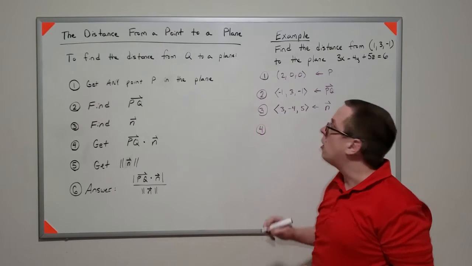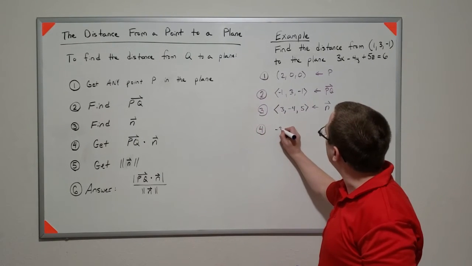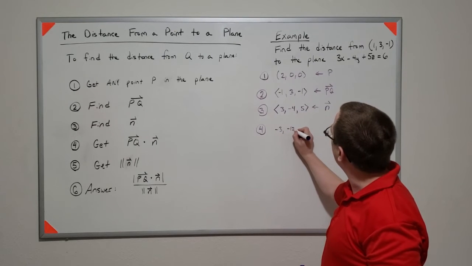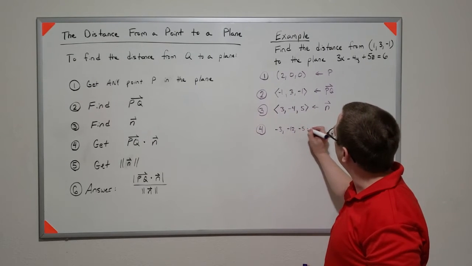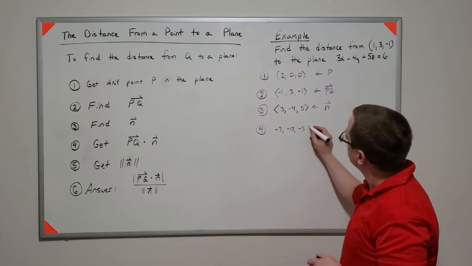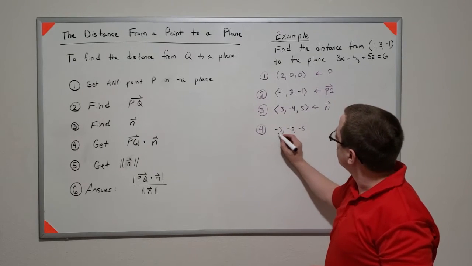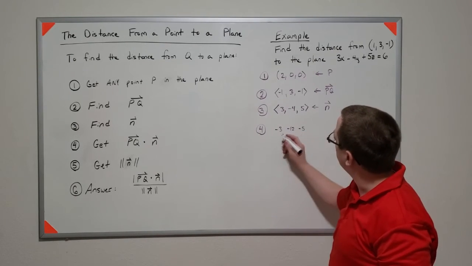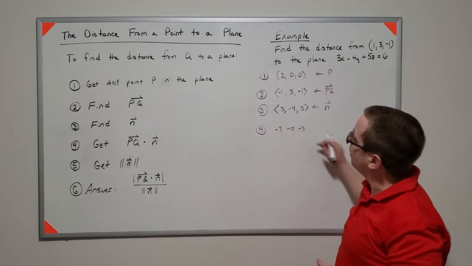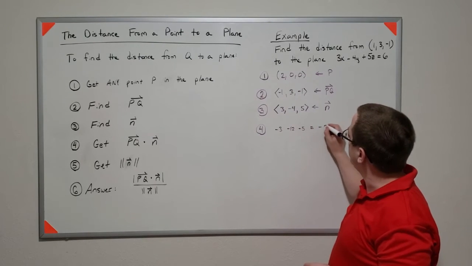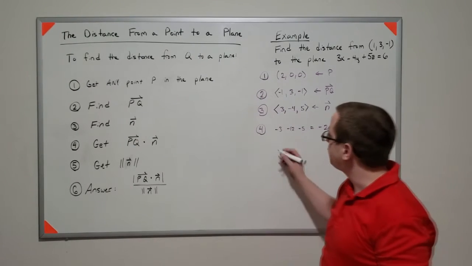We want to take that dot product here, so we do negative 3, negative 12, negative 5, which gets us negative 20.